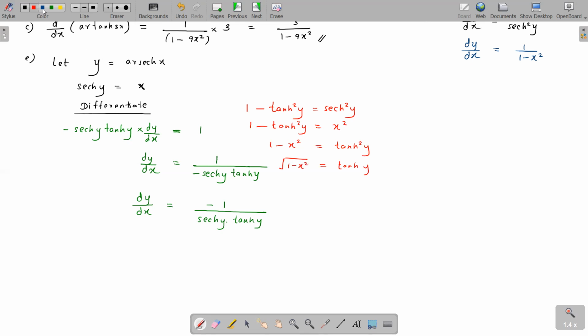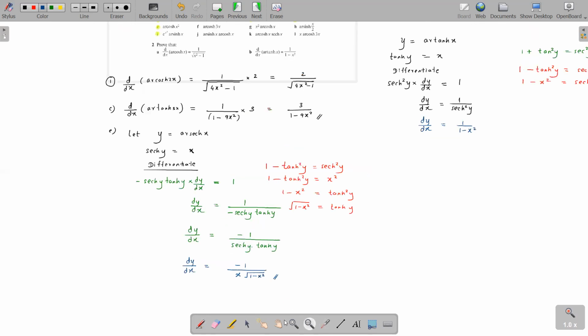Then our dy by dx is ready. dy by dx equals minus 1 over sech y, which is directly x, and tan y is root 1 minus x square. So this is the dy by dx of the differentiation of r sech x.